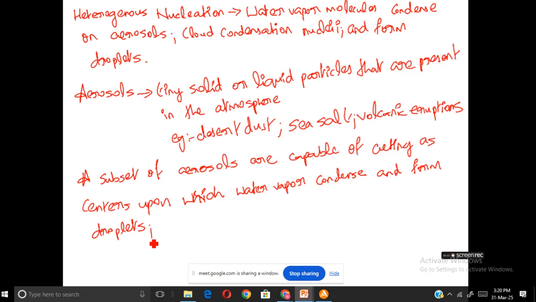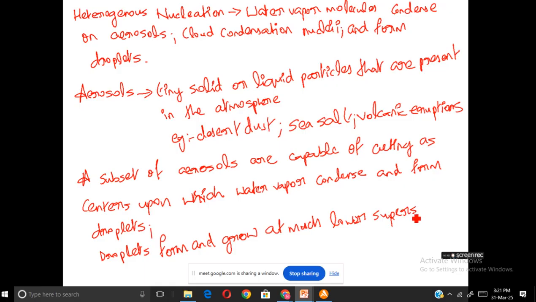So in this case, droplets form and grow at much lower supersaturation than required for homogeneous nucleation.